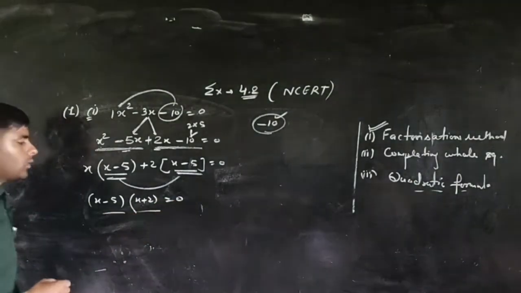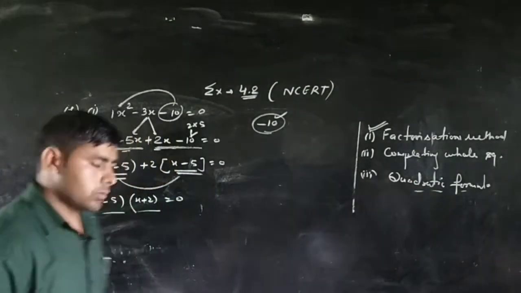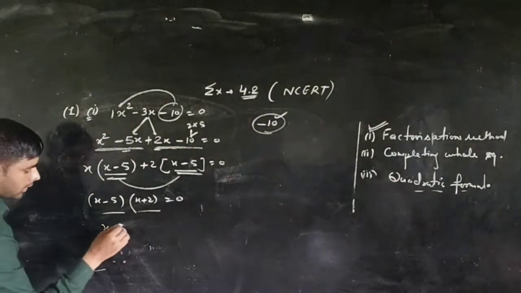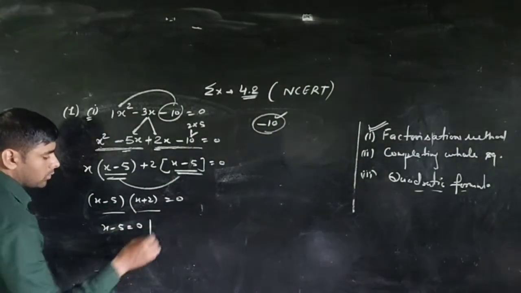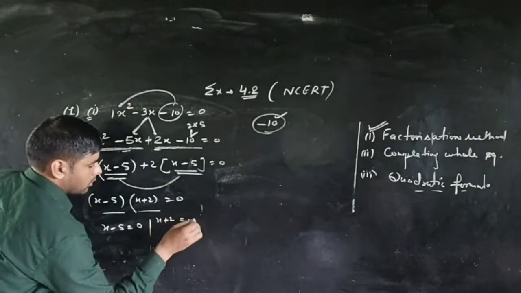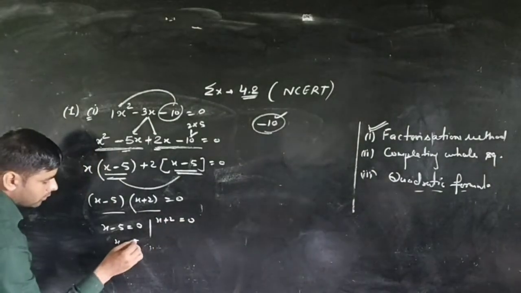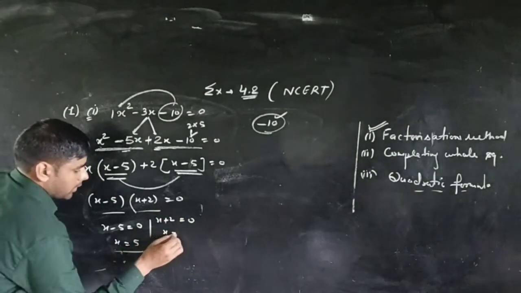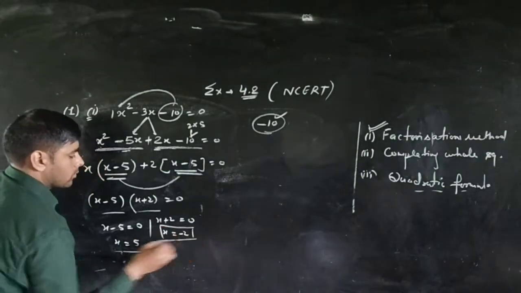The product of two numbers is equal to 0, so either x minus 5 equal to 0 or x plus 2 equal to 0. From here x equals 5 and from here x equals minus 2.